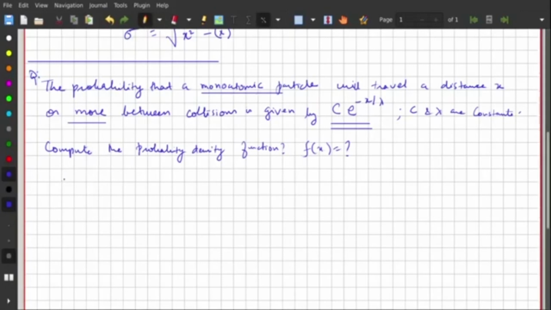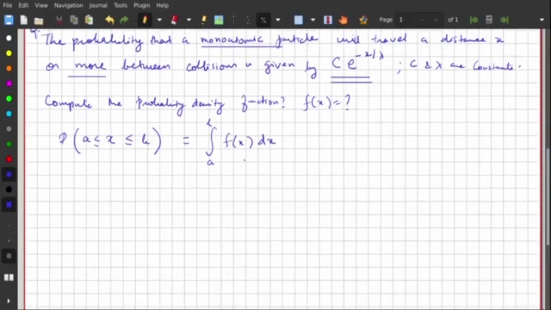Let's say the probability where x lies between two states a and b is given by the integral from a to b of f(x) dx. That's the generic way that we understand. That's the probability of finding x in the range a to b, given the probability distribution f(x). But now what we are asking is that the particle will travel a distance x or more.